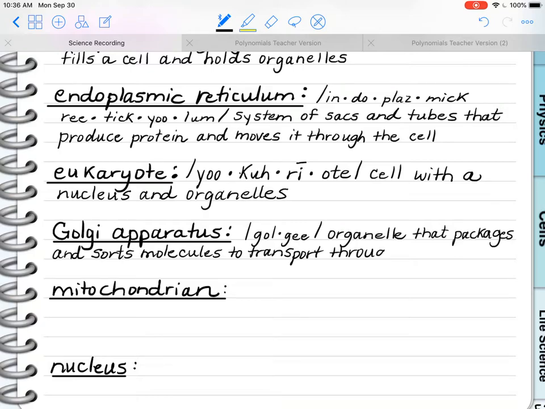So the Golgi apparatus packs all this stuff up and it sends it out on the ER. Remember our little highway that travels through the cell. It allows that stuff to move around. Those molecules that we need for life. So the Golgi apparatus is a packaging plant, and it also does the shipping.